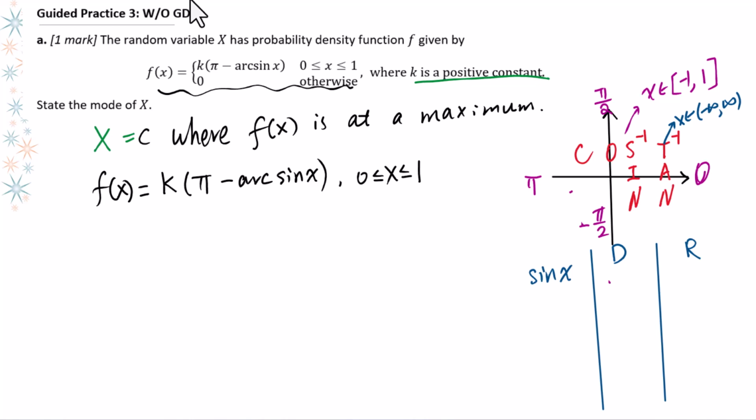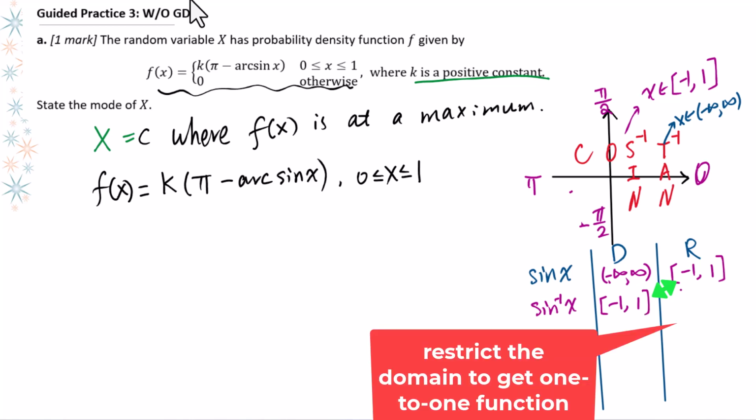For sine function, domain is all real numbers. Range is from -1 to 1. Inverse sine, domain is from -1 to 1. Range is from negative pi over 2 to pi over 2.